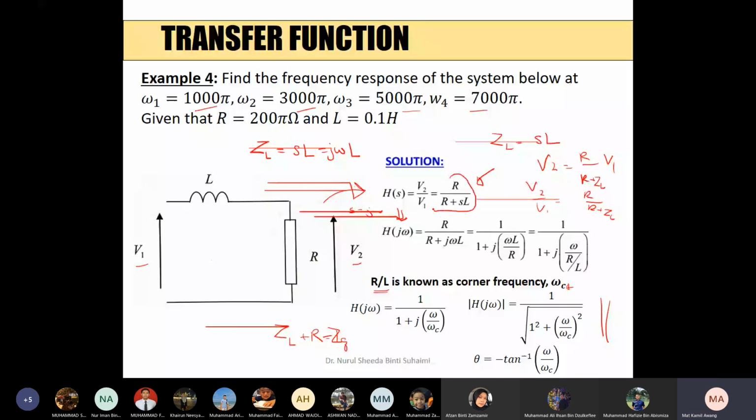You look at this circuit. V1 is the input and V2 is the output. So what is V2? V2 is the voltage divider between these two components.